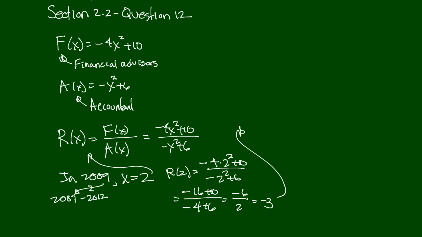So what we've got is this: f of 2 compared to a of 2 is equal to negative 3, but we can rewrite it to make some sense out of it. f of 2 is equal to negative 3 times a of 2, which means that in 2009, 2 years since our beginning date of 2007, the revenue for the finance company is negative 3 times as much as the revenue for the accountants' networking company.